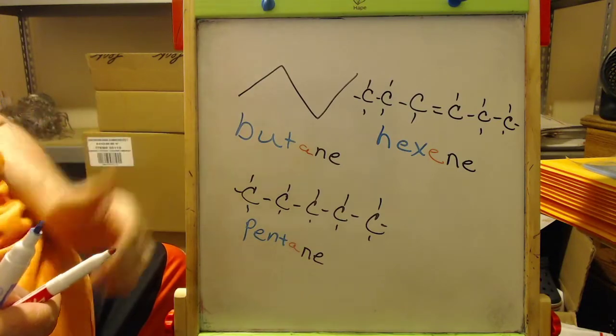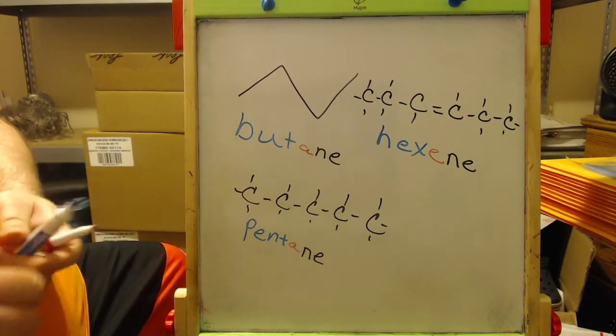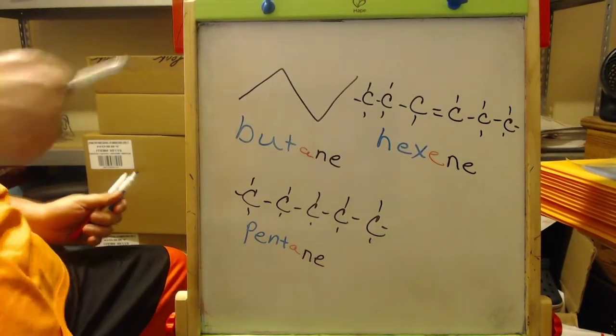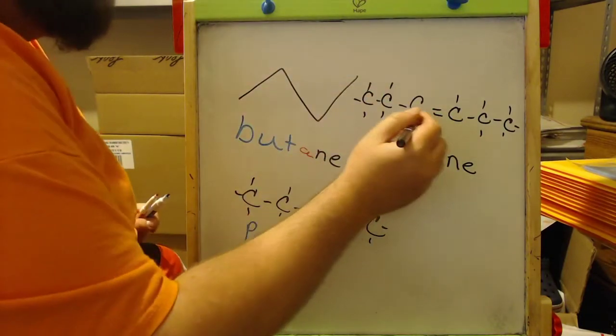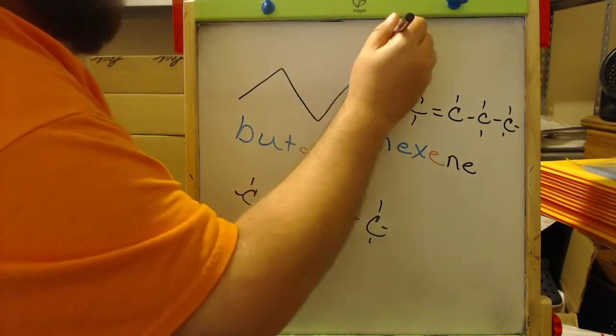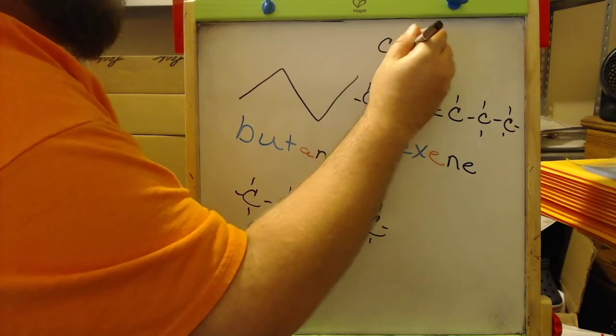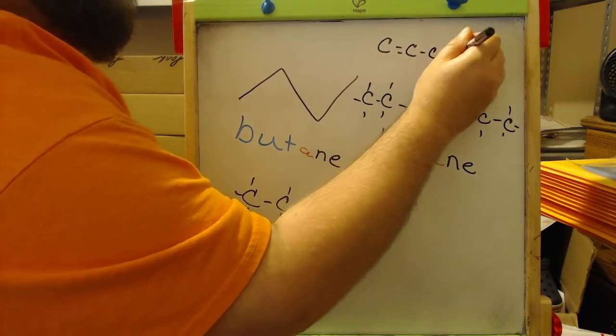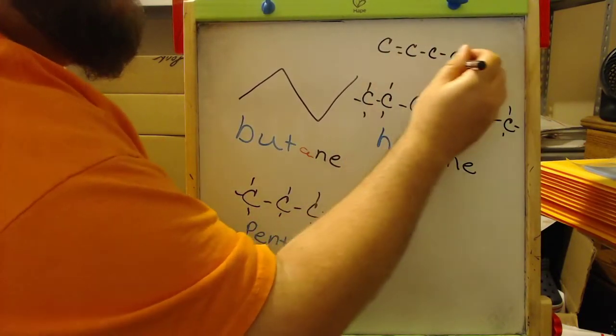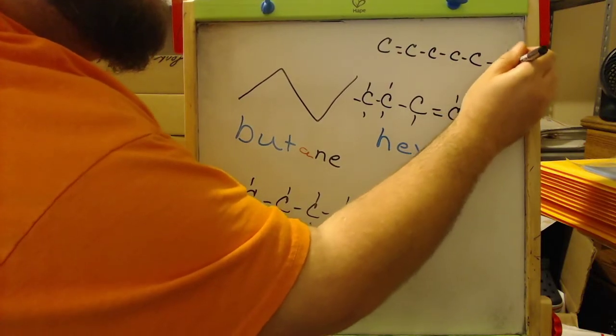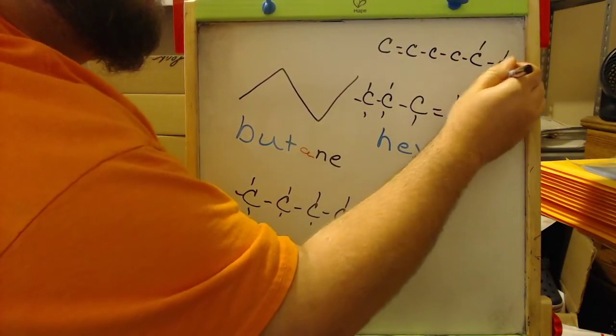The thing with hexene, though, is you need to indicate where the double bond is, because this is also hexene.